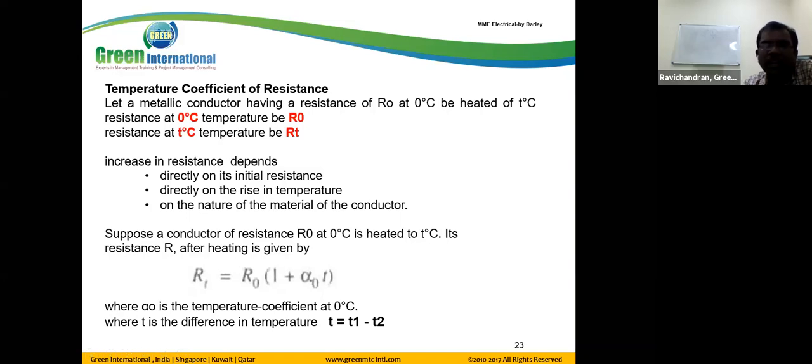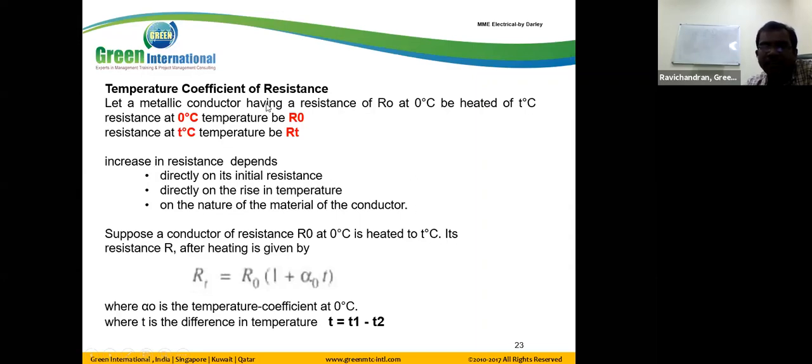From Ohm's law, either voltage or current varies, and resistance will differ. Apart from this, resistance is directly proportional to the initial resistance value, the temperature rise, and the nature of the material, such as a copper conductor. So with an increase of temperature, resistance depends upon these three things.